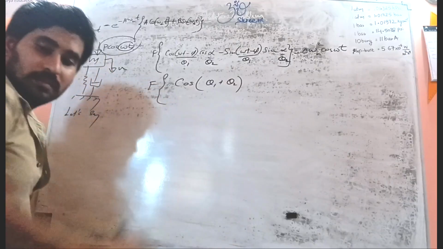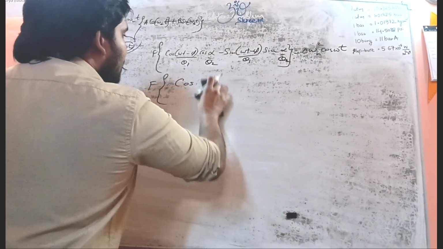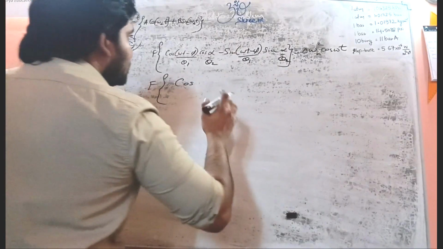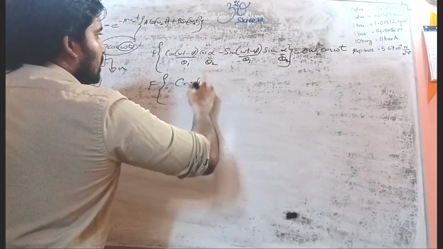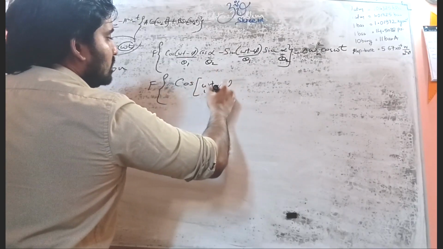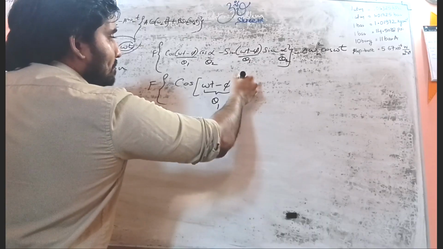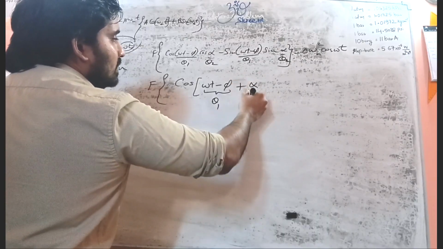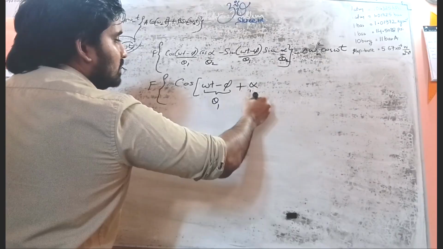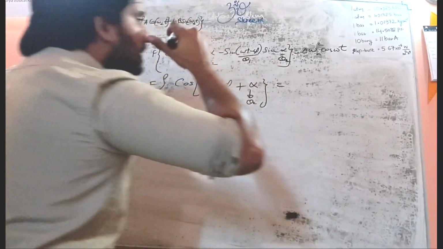For the betterment, I will write it, that is only for understanding: omega t minus 5 is something similar to theta 1, plus this alpha, something similar to theta 2. So that equals what?